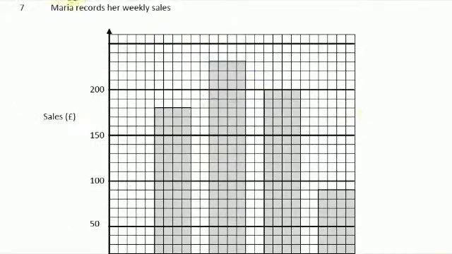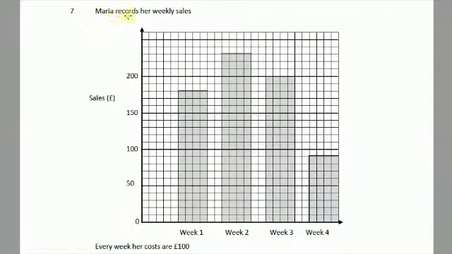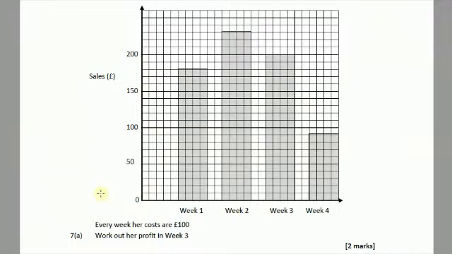Question 7. Maria records her weekly sales. So we see here the sales are along the vertical axis and the weeks are along the horizontal axis. And it says every week her costs are £100. Work out her profit in week 3.